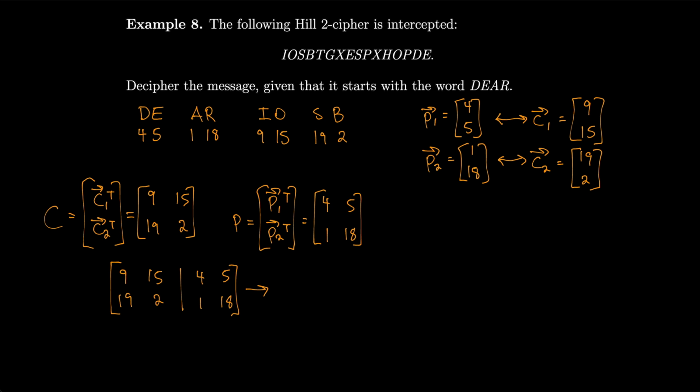The matrix on the left. So let's start by multiplying in order to get the leading one in the top row. So usually we would divide by 9, but in this case we have to multiply by 9 inverse mod 26, which is 3.